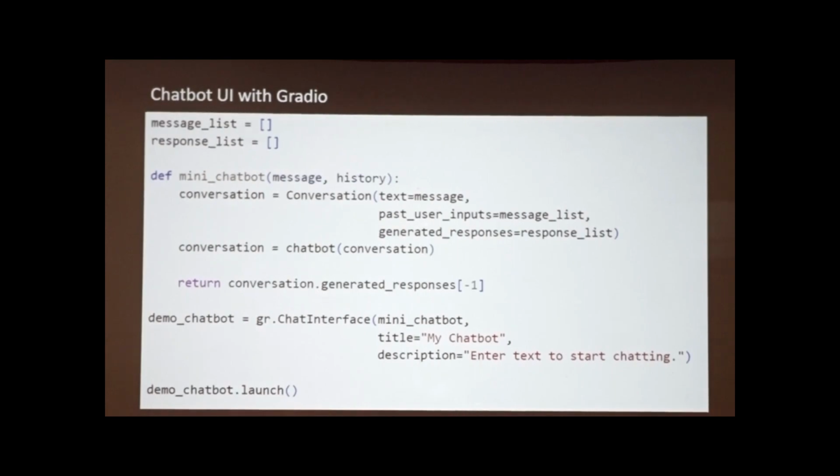And the third one is generated_responses, which is given the value response list. For the first time, those two are empty lists. For the next iteration, those will consist of the results of the first iteration.